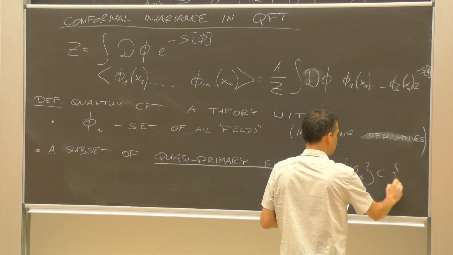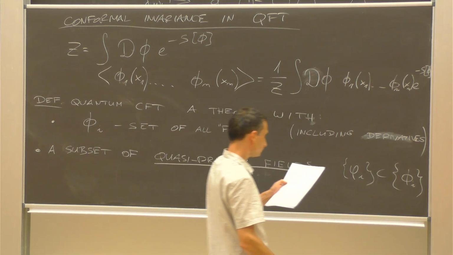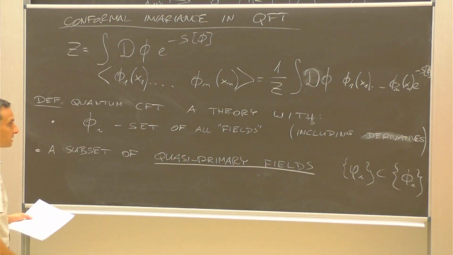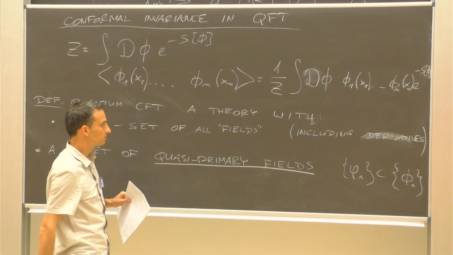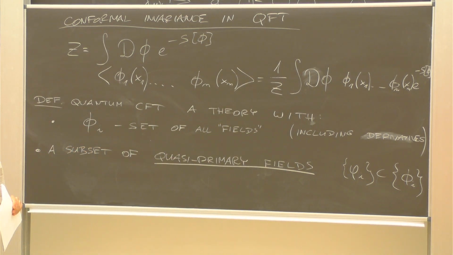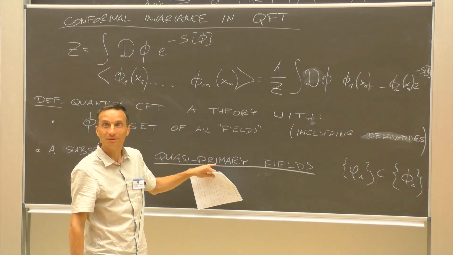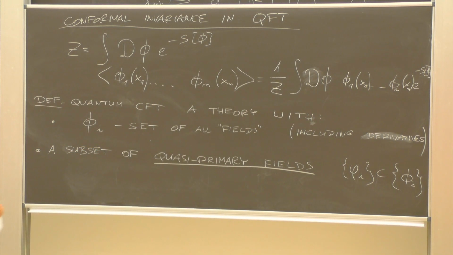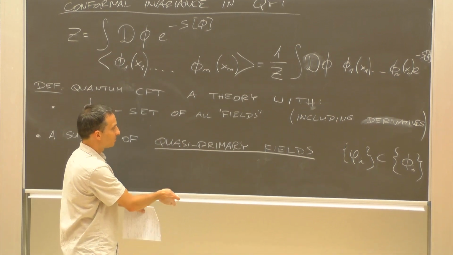I just mean that they form a subset of all fields, which transform in some specific way under the conformal transformations, which I already mentioned. At this moment, probably you may already wonder why I use this name quasi-primary and what primary means once I use quasi-primary. Well, we will see later on what just primary means, but for now I define quasi-primary fields.